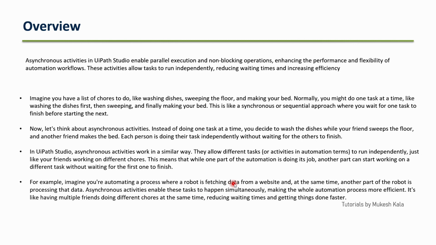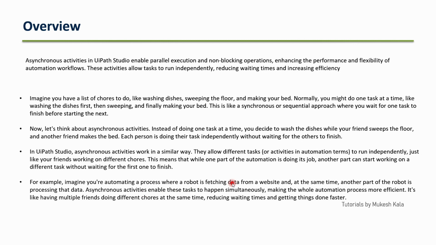That means the automation does not have to wait for some specific thing. It would reduce the waiting time, and it will help the automation move faster. Okay, so this is an overview of the asynchronous activities, or how parallel execution works.